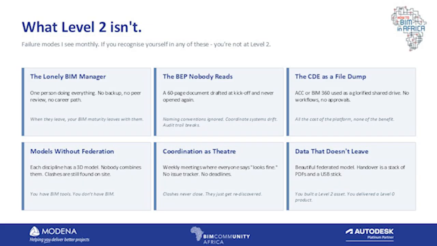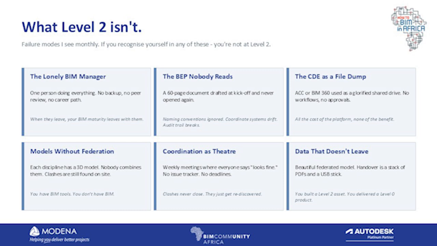So it's not about coordination as a theater, where I find BIM coordination meetings where you pick up a clash and say, okay, electrical engineer, you need to move your cable tray. Okay, that's fine, but it's not very engaging. And with that, level 2 is more about taking onus or action on the information. So it's not just your pretty 3D models.